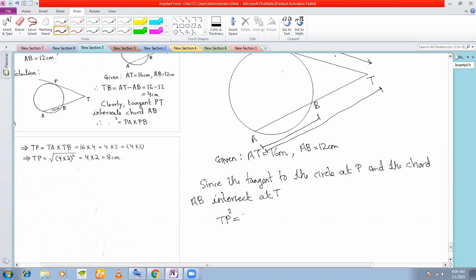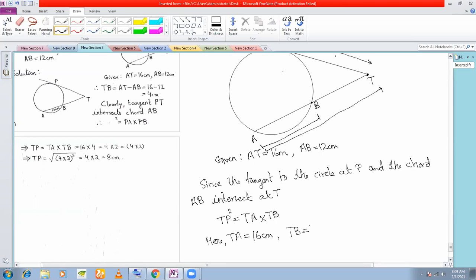And what are the segments of the chord? From the point of intersection till A, that is TA, and then from the point of intersection T to the point B, into TB. Okay, so let's see what lengths are given here. So here TA is given to be 16 centimeter. TB is not given.